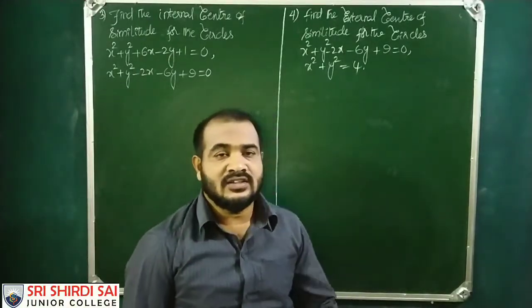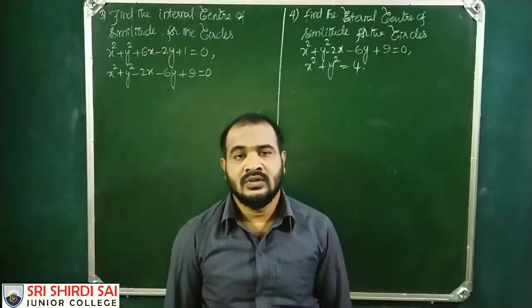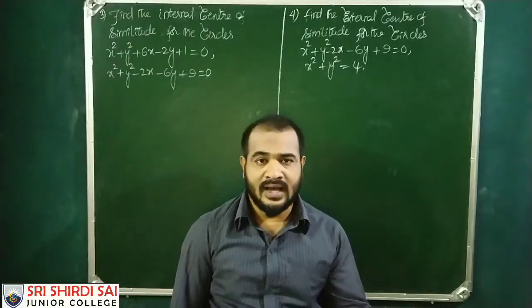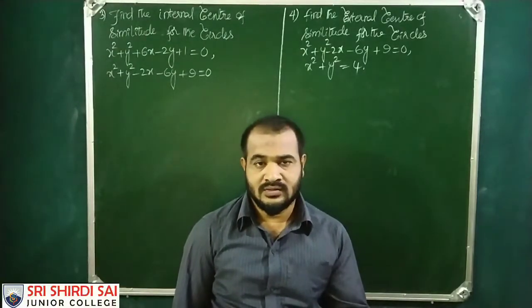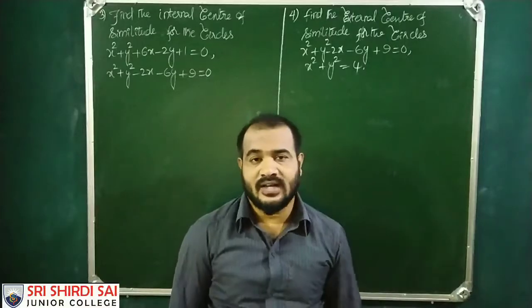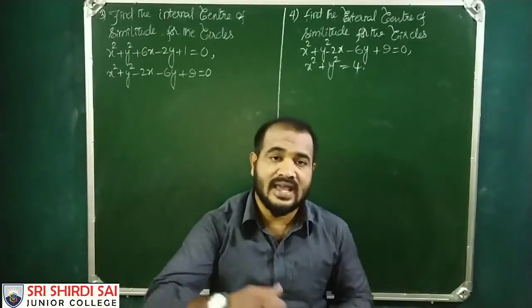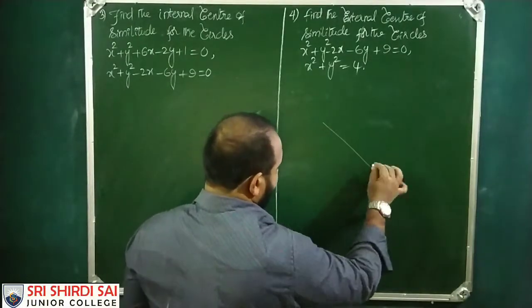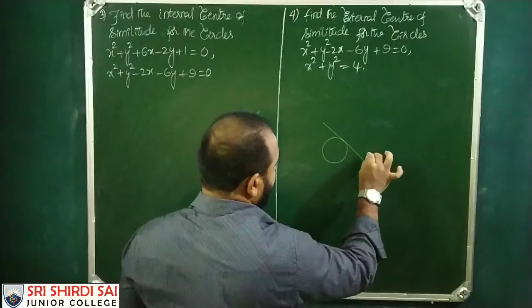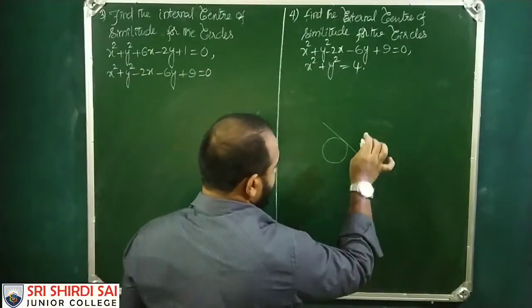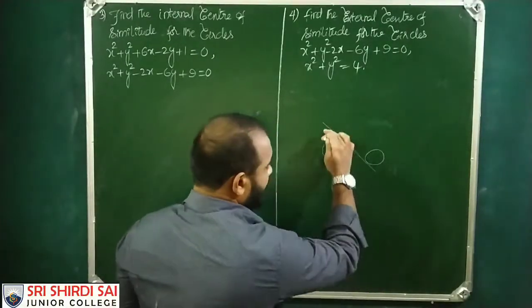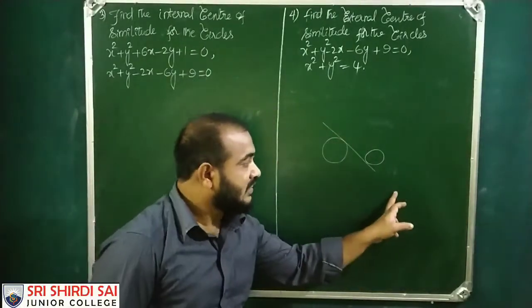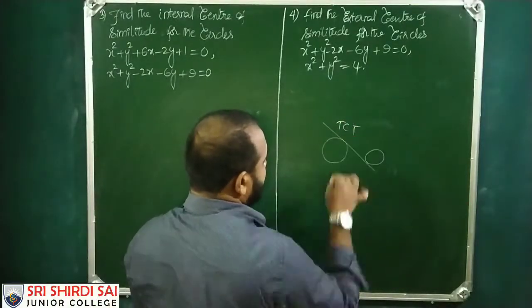The direct common tangent is the line such that if two circles lie on the same side of the line, that line is called the direct common tangent. If the two circles lie on either side, opposite sides of the line, for example, if one circle lies on one side of this line and the other circle lies on the other side, then this tangent is called a transverse common tangent.